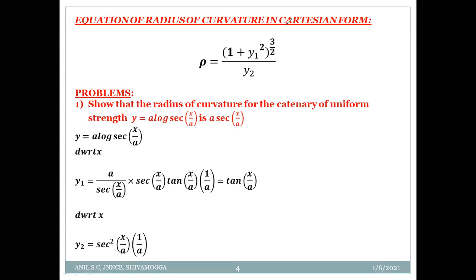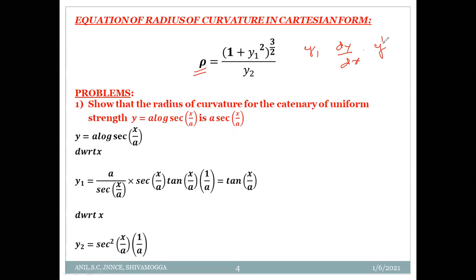The equation of the radius of curvature in the case of Cartesian curves is given by rho equals (1 plus y1 square) whole power 3 by 2 divided by y2, where rho stands for the radius of curvature. y1 is the first order derivative, dy by dx or y dash.